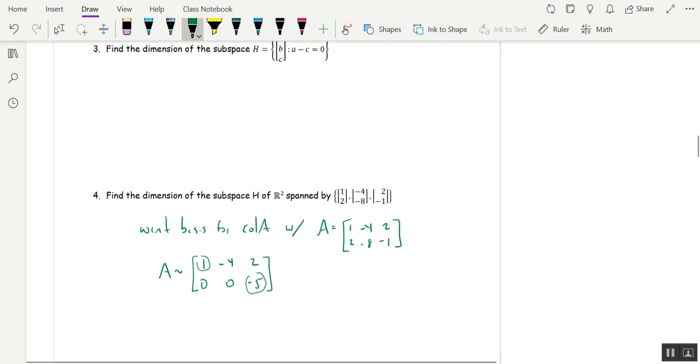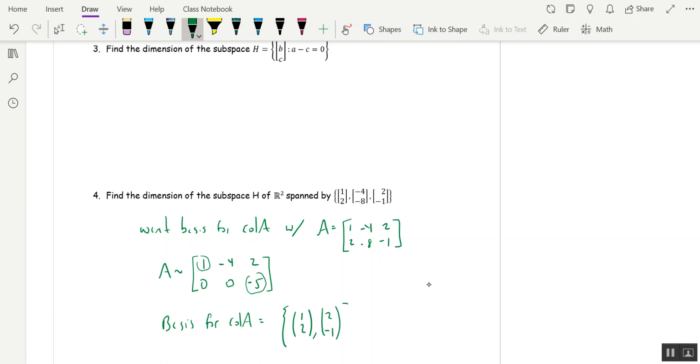So we're going to take the first and the third columns from A. A basis for Col A, which is H, is 1, 2, and 2, -1. And the dimension of H is 2. We weren't actually asked to find a basis, but we had to do that in order to find the dimension.